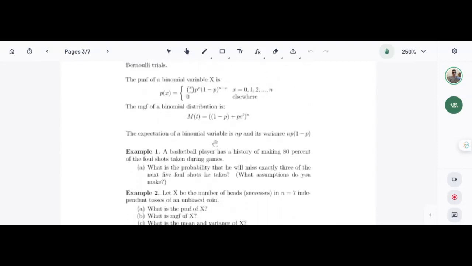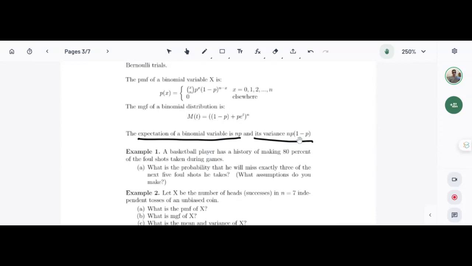Remember that the expectation, you can derive it, but no need to do that. The expectation of the binomial random variable is n times p, and its variance is n times p times 1 minus p.